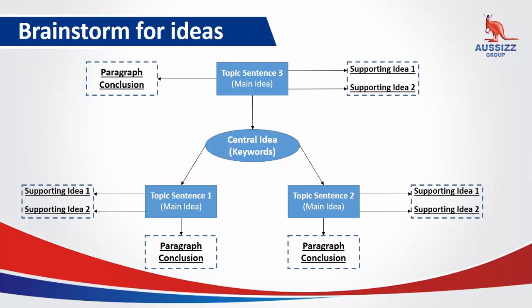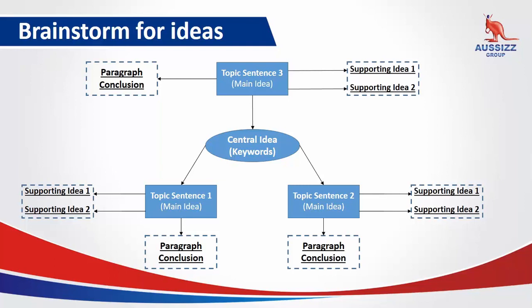The topic sentence is effectively, why are you writing that paragraph? Then you need to have a supporting idea number 1, a supporting idea number 2, or 3, depending on the topic. And then you will need to have a paragraph conclusion sentence that sort of moves away from the current topic to the next topic.